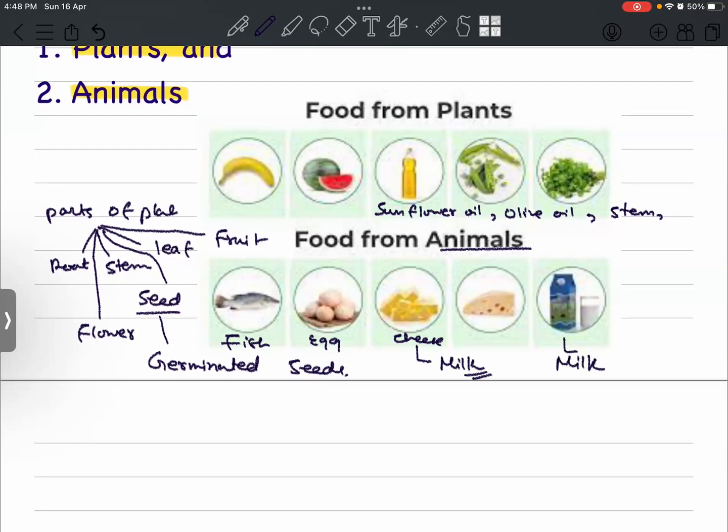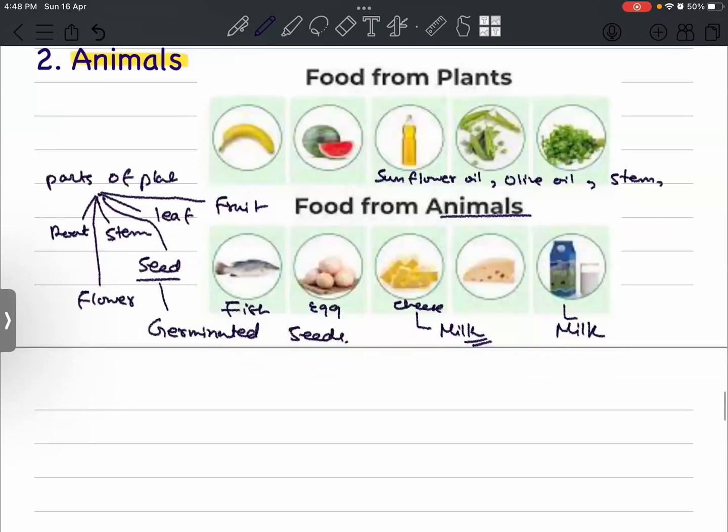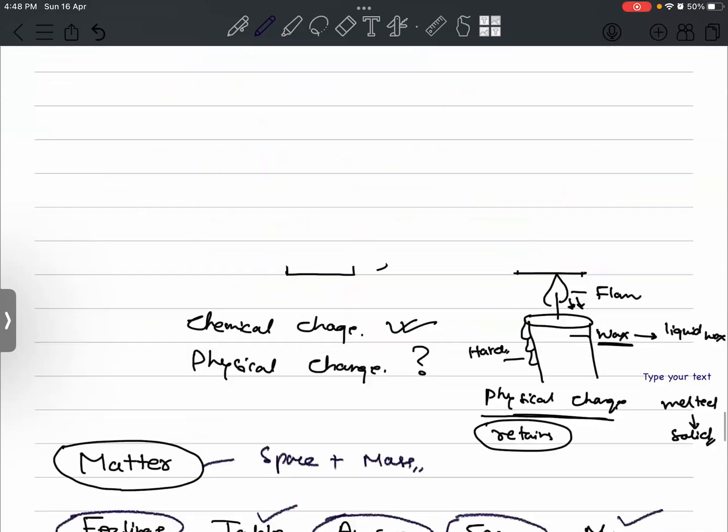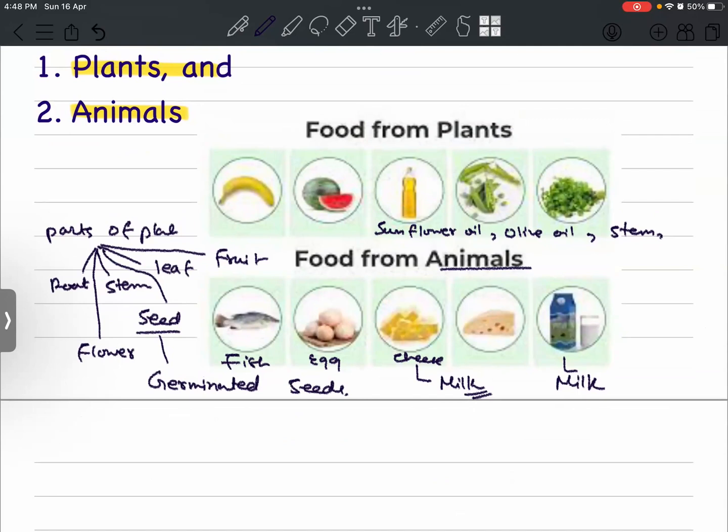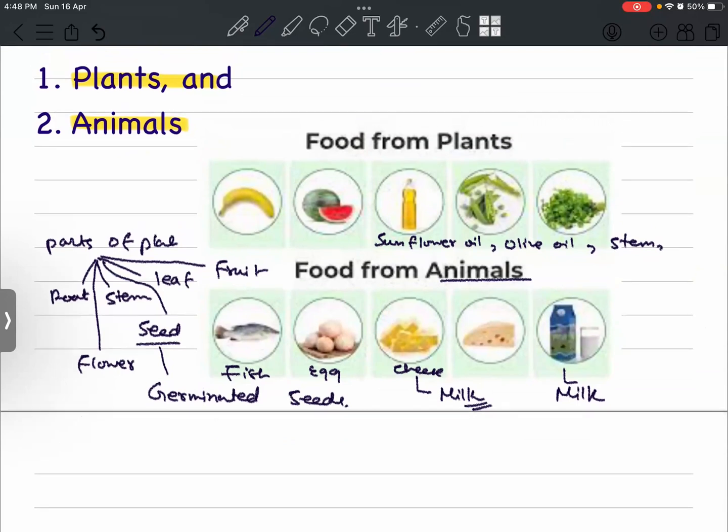So these are the different components which you obtain in a broader way. That was a little discussion about the different types of food and its sources.